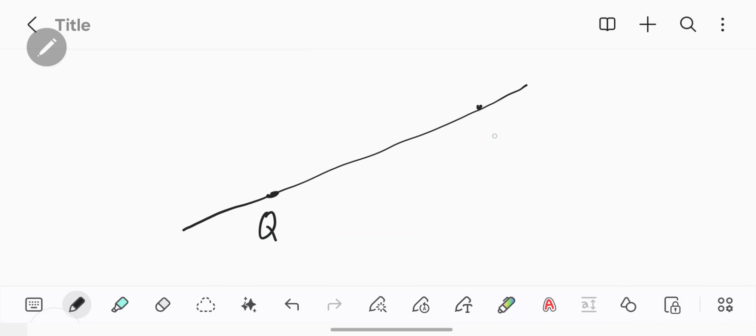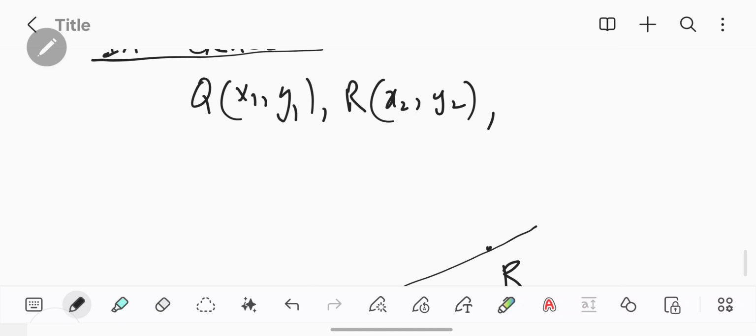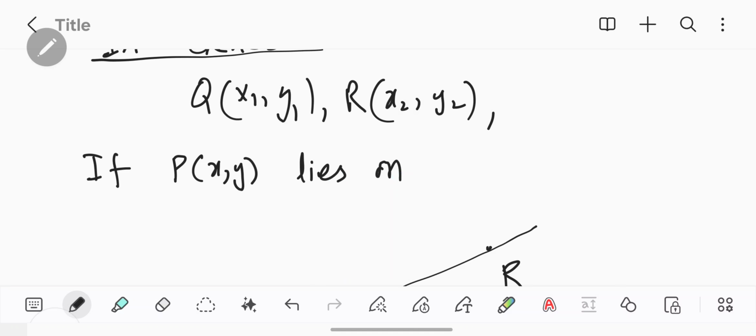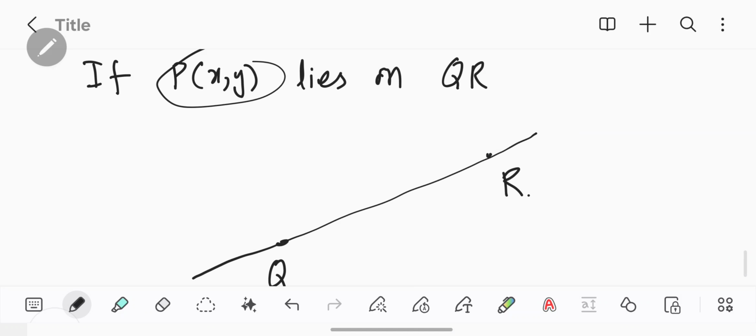And if you have any other point P of x and y lying on the line determined by Q and R, this point must be somewhere on this line.